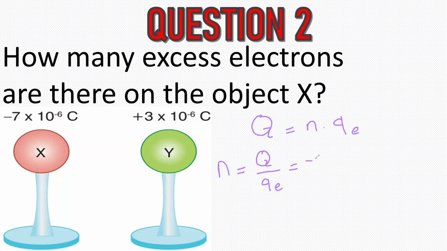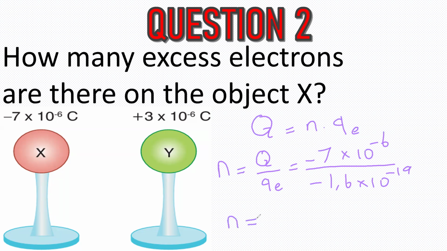And charge is negative 7 times 10 to the power of minus 6 over negative 1.6 times 10 to the power of negative 19. In the formula box, you will have these constants and formulas, everything. So you just calculate this one.